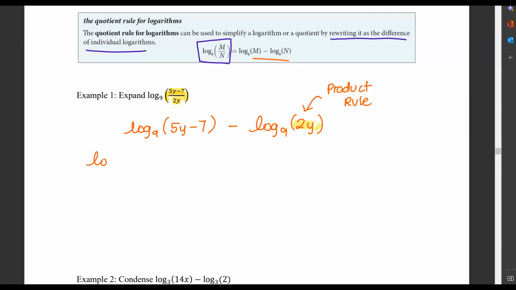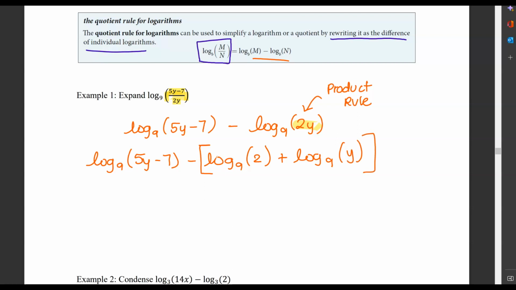So we would end up with log base 9 of 5y minus 7 minus log base 9 of 2 plus log base 9 of y, and let's go ahead and make sure we're encompassing all of the denominator.